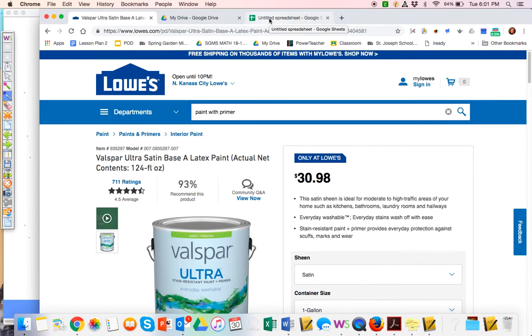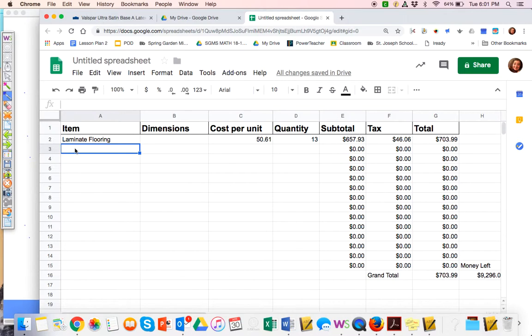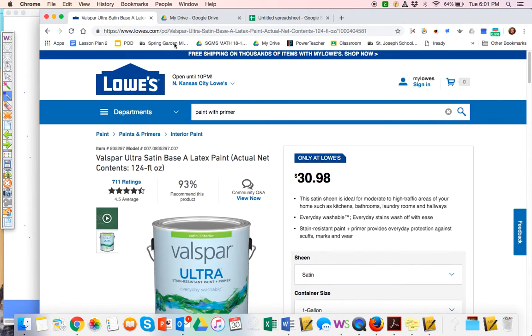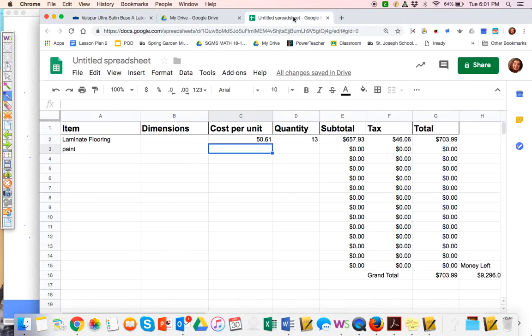So I would go back to my spreadsheet and I would type in paint. We're going to type in the cost of the paint, which is $30.98. And we need 2 gallons. So for quantity, we're going to type in 2. So then that would calculate our quantity.